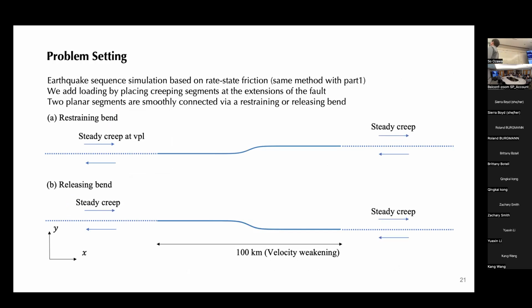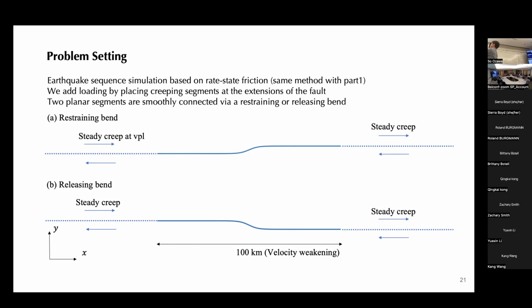We are running earthquake cycle simulations based on the same latency deflection as in part 1, and we add loading because we need multiple earthquake cycles in this chapter. We add loading by placing creeping segments at both extensions of the fault, like this and this.